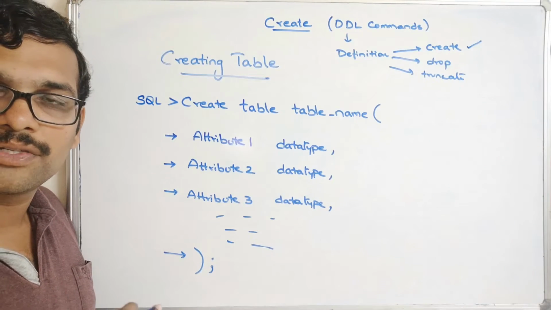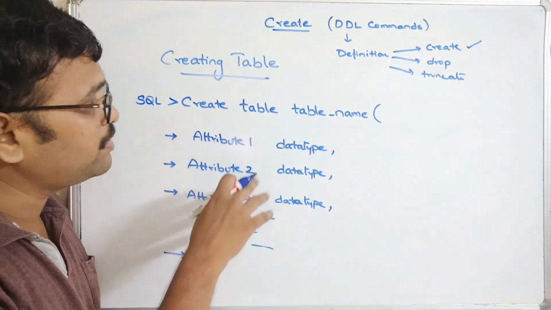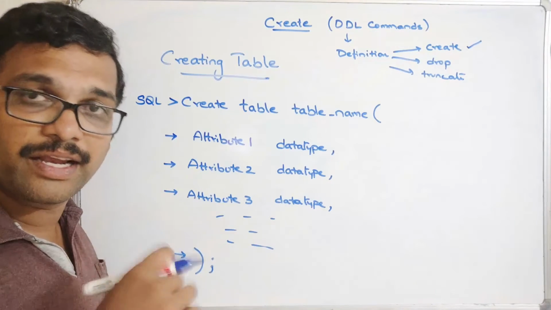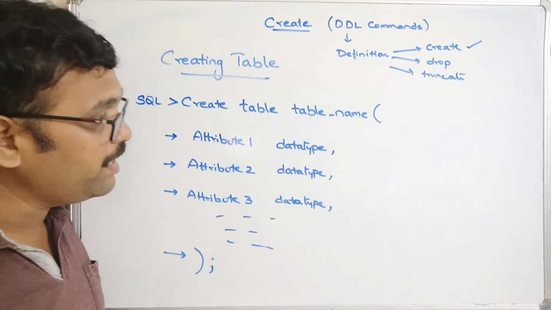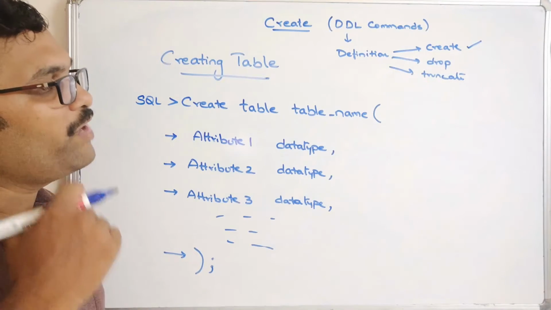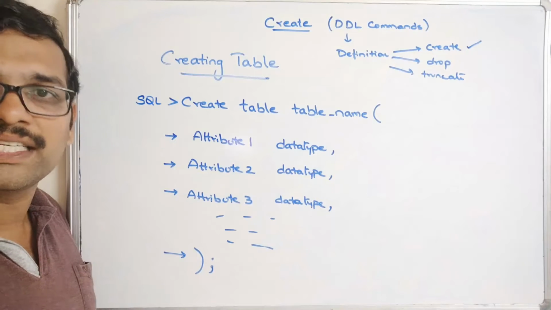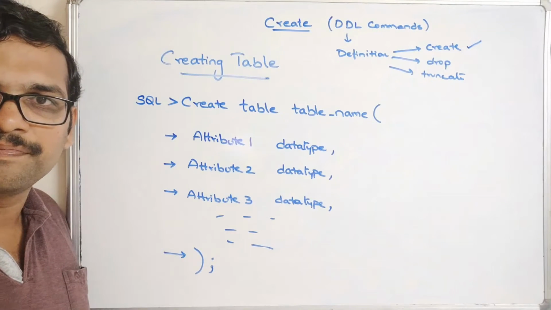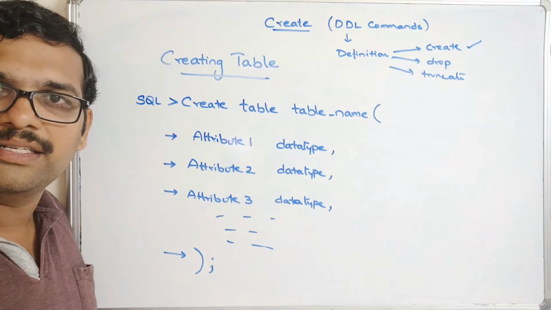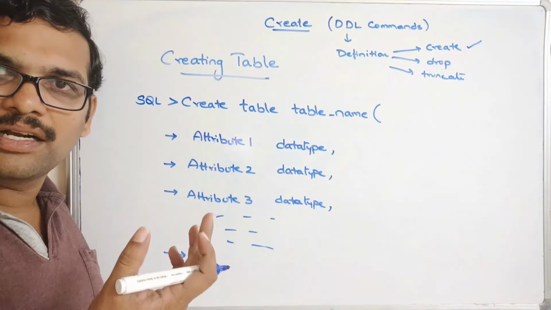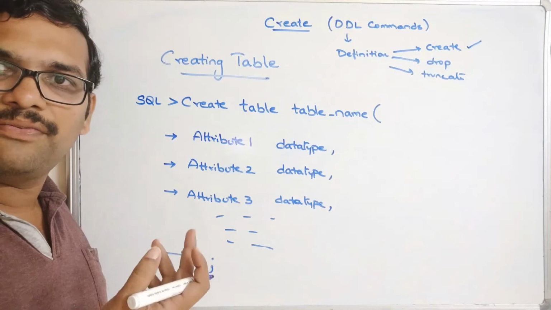Hope you have understood this. I will explain this table creation in the MySQL command line as well. We'll create one table with different attributes. And here, one more thing. We can create a table without constraints and with constraints. We can give constraints for these attributes in order to avoid redundancy, to link one table with another table, and to give default values.